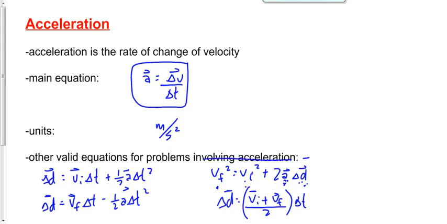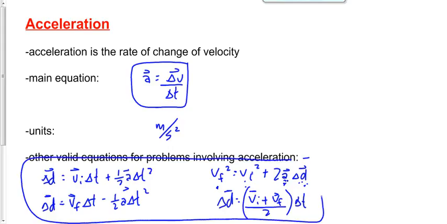All of these equations that are circled in blue here, this one and then the last four, are what we call our group B equations. They are valid whenever we have an acceleration, whether it's speeding up or slowing down, whether we know the value of the acceleration, whether we're trying to find the value of the acceleration, or whether we don't know anything about the acceleration other than it's accelerating.